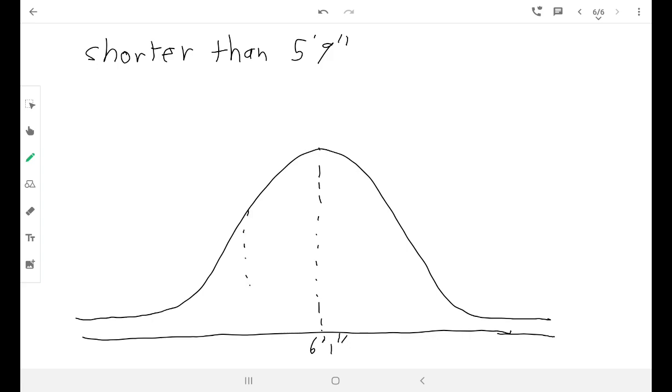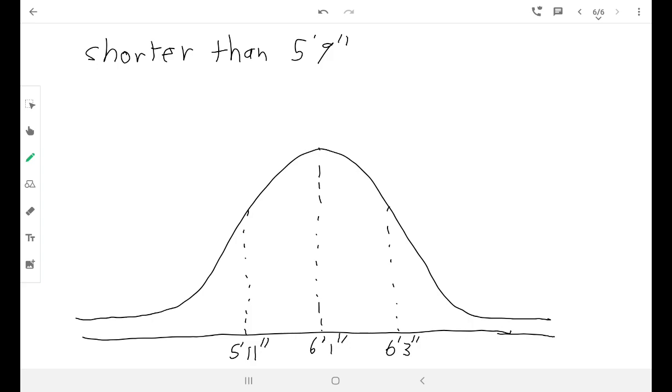So when I go this way, I go 2 inches down. That is 2 inches in the negative direction. If you go 2 inches shorter than 6'1", you get 5'11". And if you go 2 inches taller than 6'1", you get 6'3".